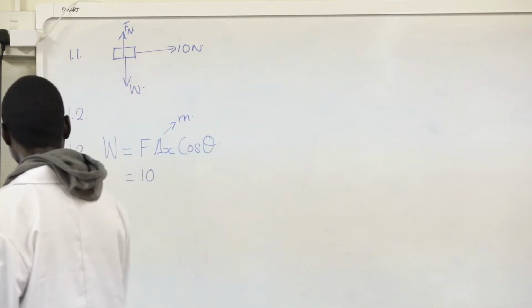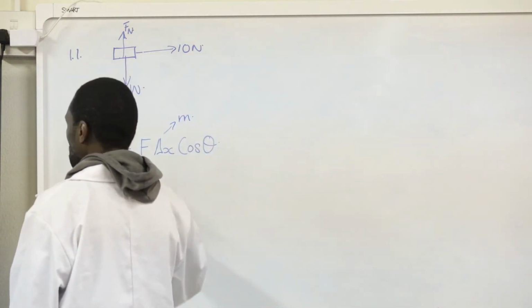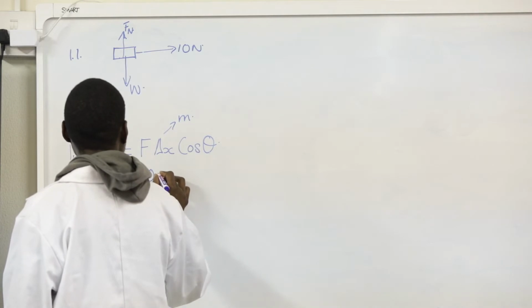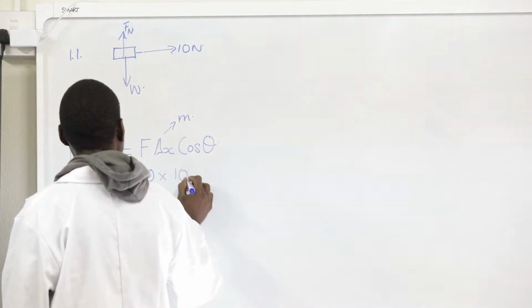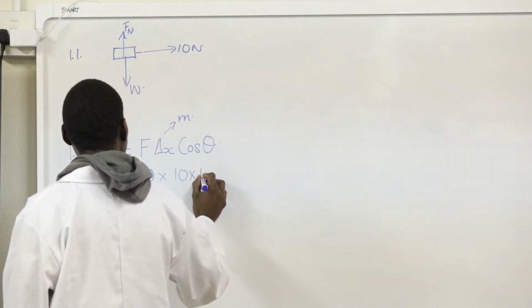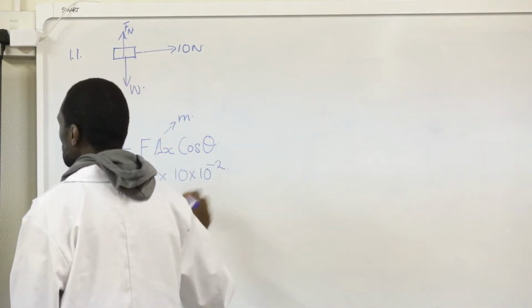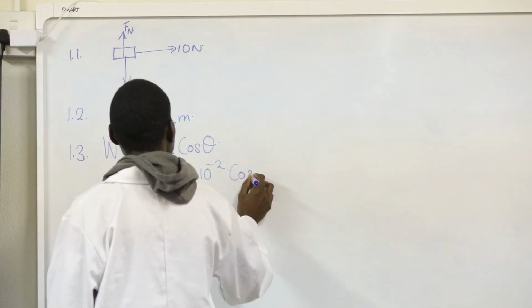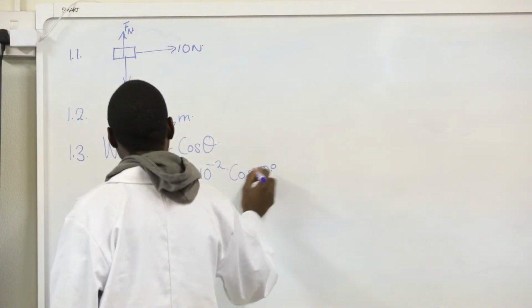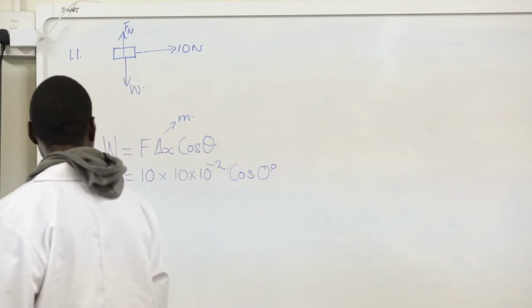So here we are given it in centimeters. So 10 centimeters to meters, we divide by 100. So it's 10 times 10 to the power negative 2. And the angle theta is cos 0 because it's parallel to the direction.